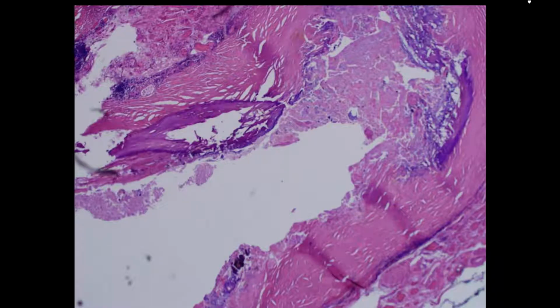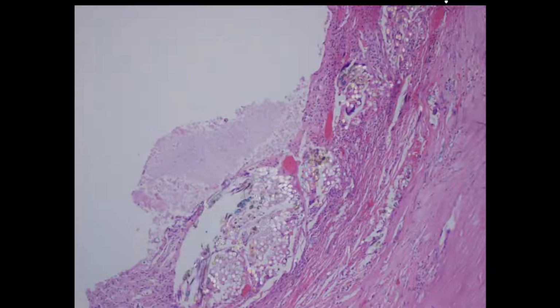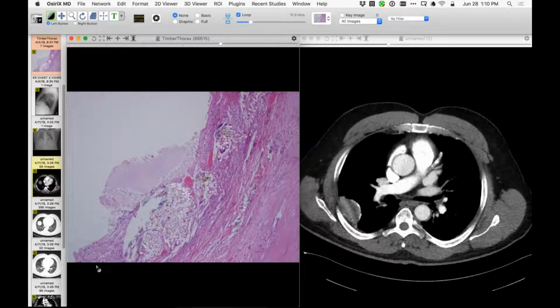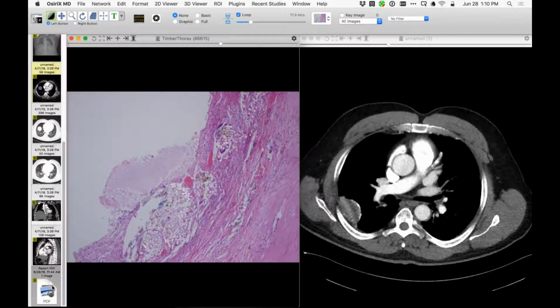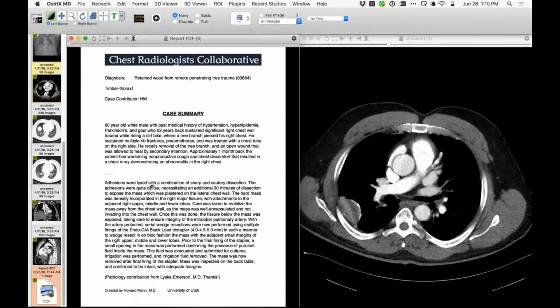Did the pathologist describe the type of inflammation around it? Was it granulomatous, foreign body type? Let me see if I have any excerpt of the actual report. I think I had it, but maybe I didn't put it there. It just seems like it's very solid looking.